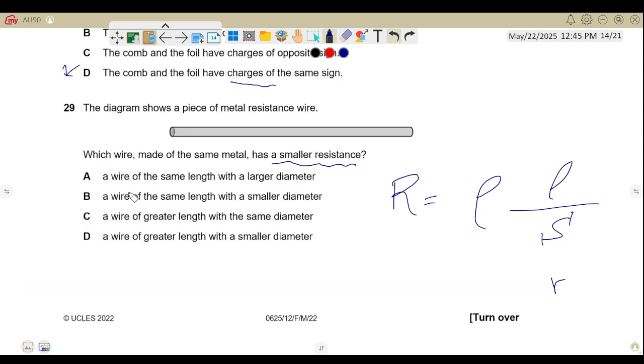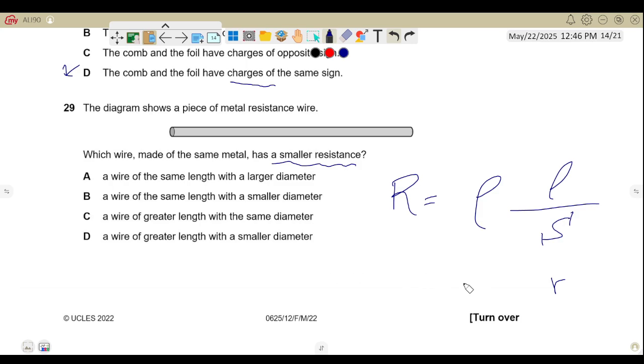So here we're looking for the same type of metal with the smaller resistance. What would that be? Is it a wire of the same length with a larger diameter, or a wire of the same length with a smaller diameter, a wire of greater length with the same diameter, or a wire of greater length with a smaller diameter?